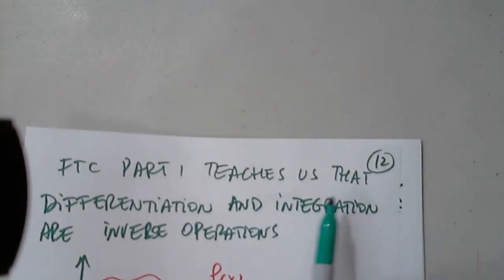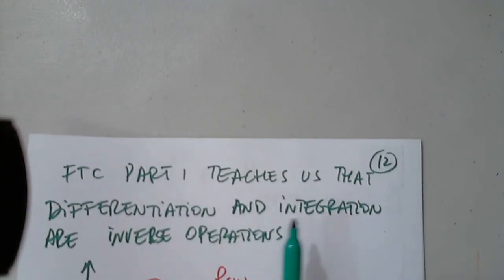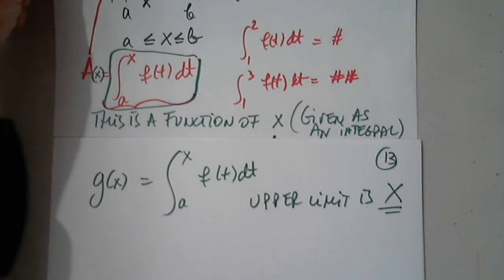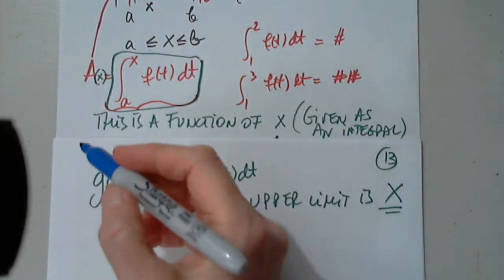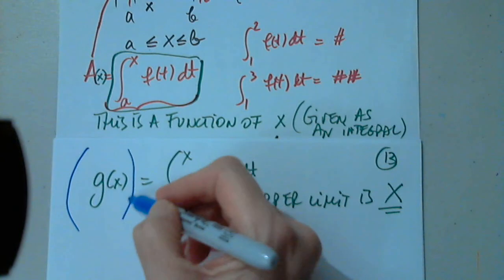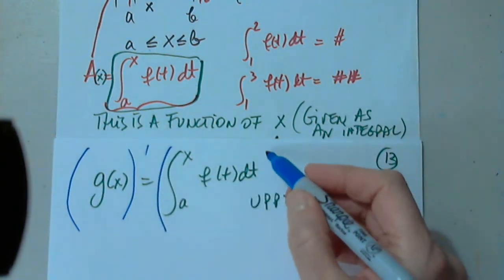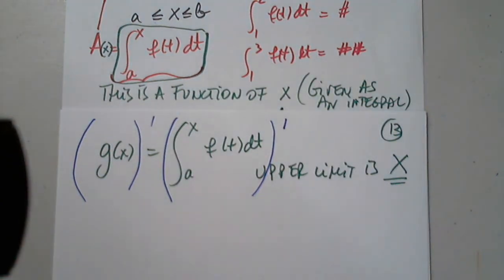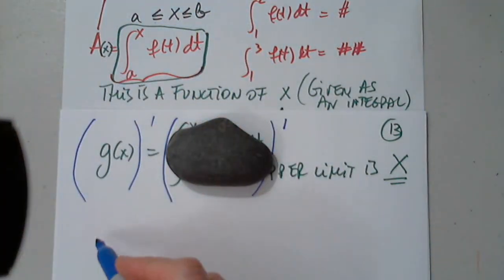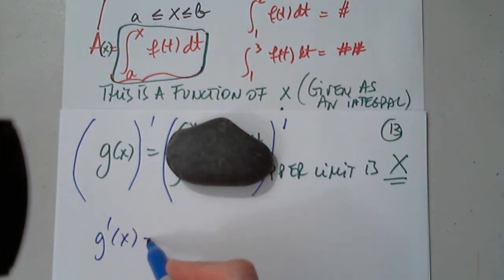Part 1 teaches us that differentiation and integration are inverse operations. Okay, show me. Once we have a function in the form of an integral, and we differentiate both sides as we did with implicit differentiation, the left-hand side is g prime.